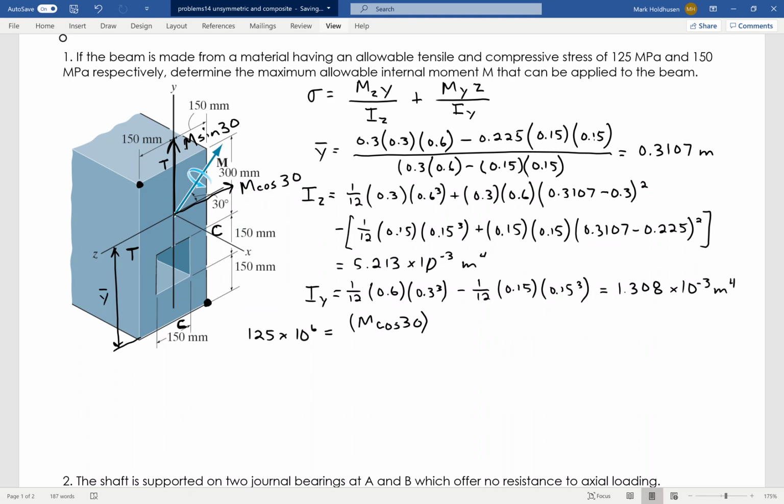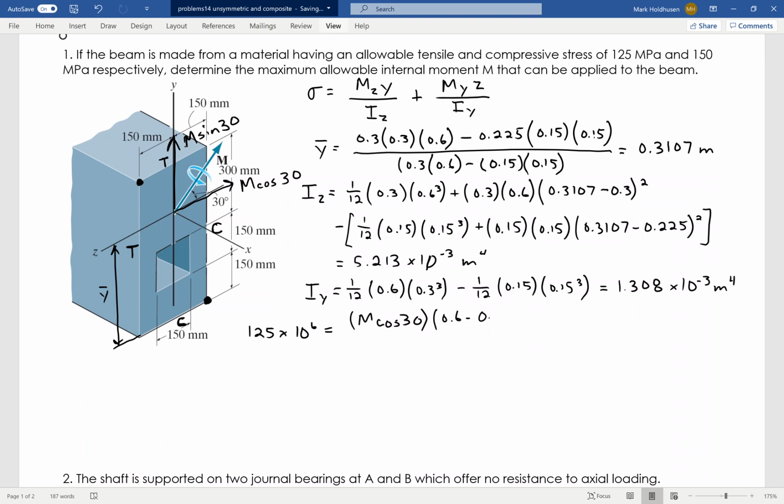Again, I'm doing that top left corner, so that's going to be 0.6 minus the location of the neutral axis, which is 0.3107, all over the moment of inertia about the z-axis, which is 5.213 times 10 to the negative 3.